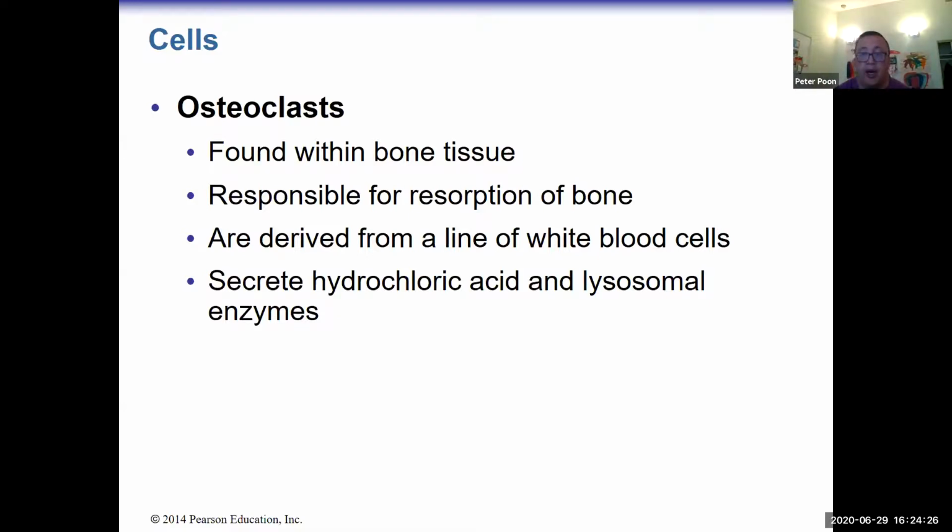Inside the human body, your bone changes all the time. If you put on muscle, you put on bone. If you lose muscle, you lose bone. So putting on bone is going to be these 3. Taking away bone is going to be osteoclasts.